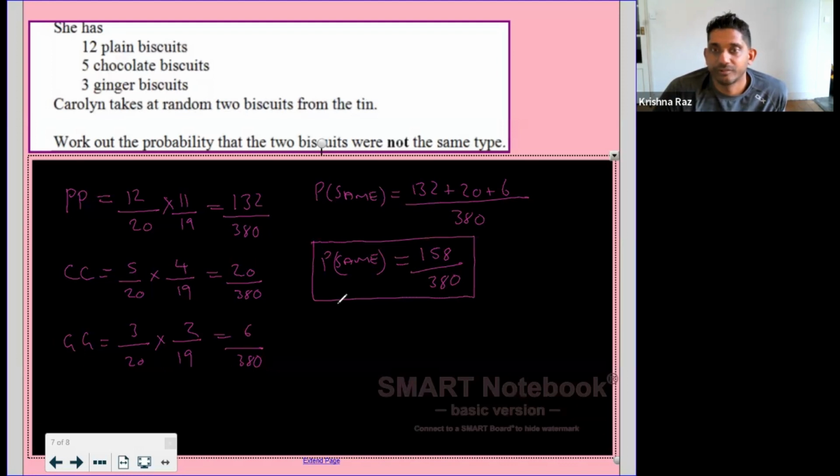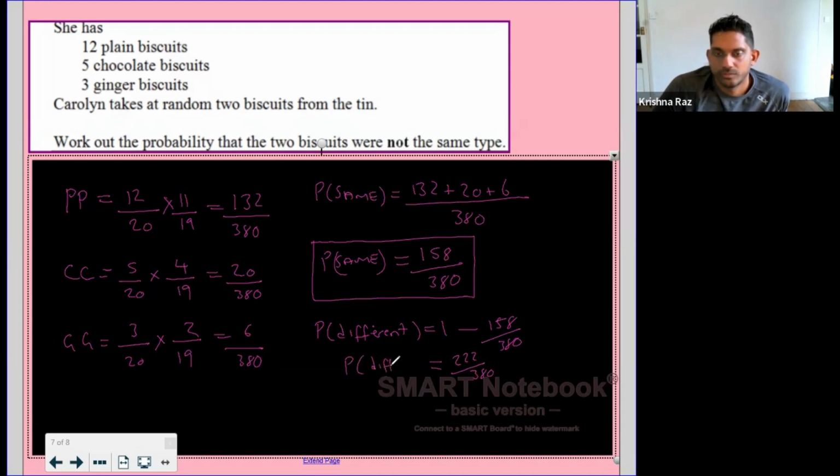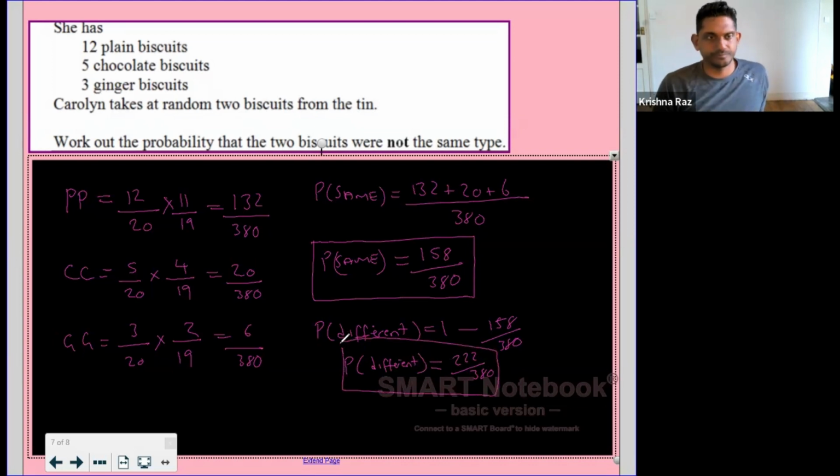So how do we figure out the probability they're different? Exactly. We do 1 minus that answer. And that will give us 222 out of 380, which you could write as a decimal, it's up to you.